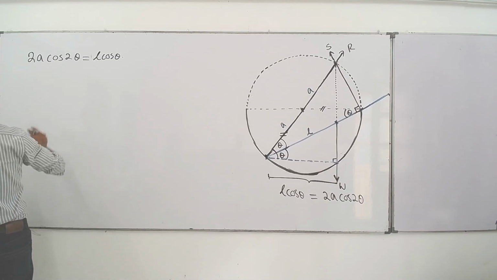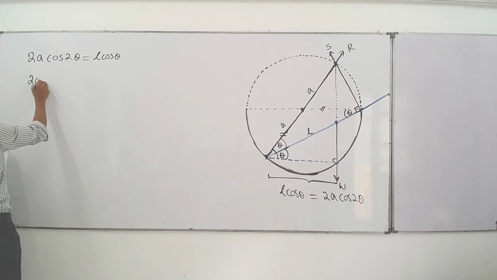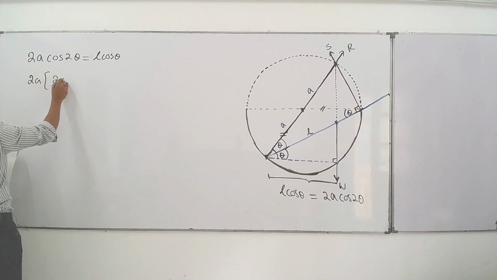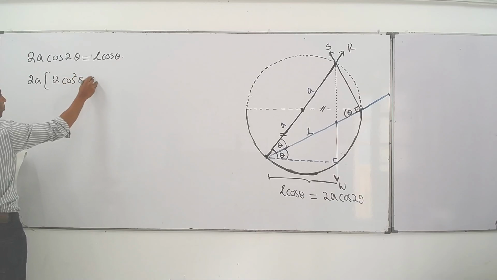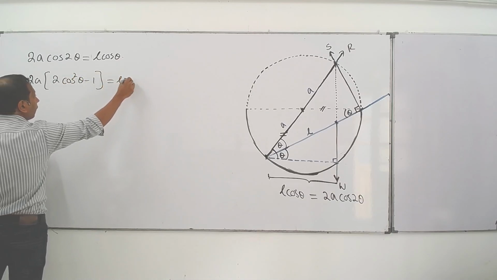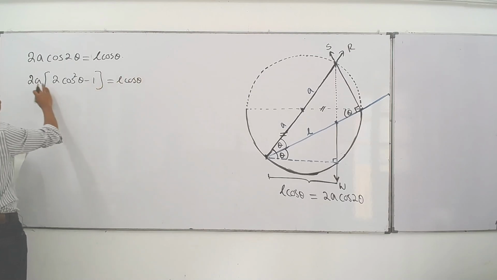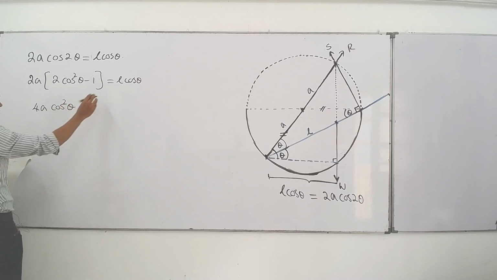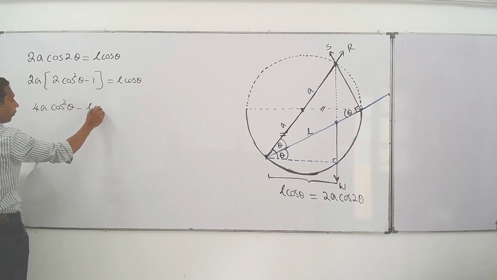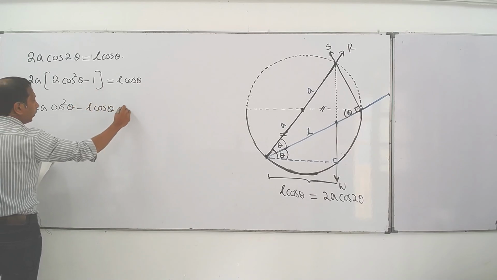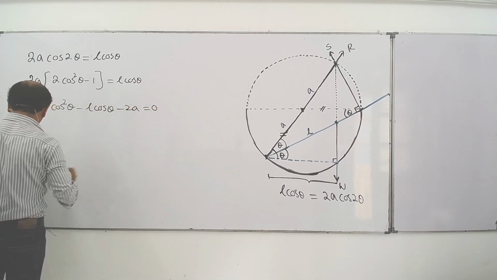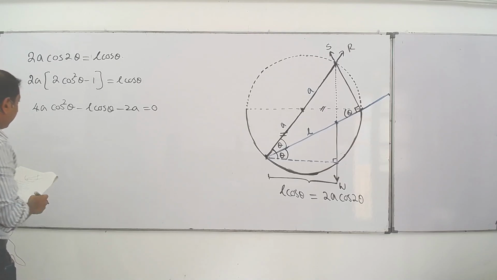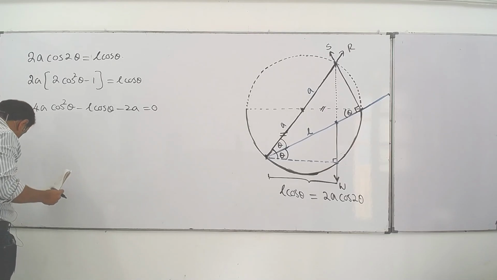Now I can write cos 2 theta as 2 cos squared theta minus 1, equals L cos theta. Then removing the bracket, 4a cos squared theta, bringing this side, minus L cos theta minus 2a equals 0. This is a quadratic equation in cos theta.